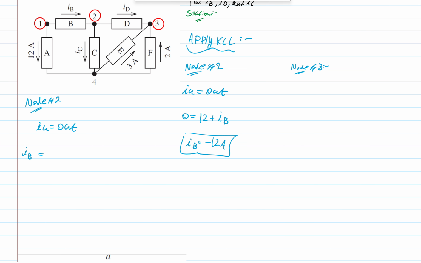So how is this flowing? Let's just write an equation for this. So we've got loop number one. I know that 20, how is it flowing? It's flowing from negative to positive, flowing like this.